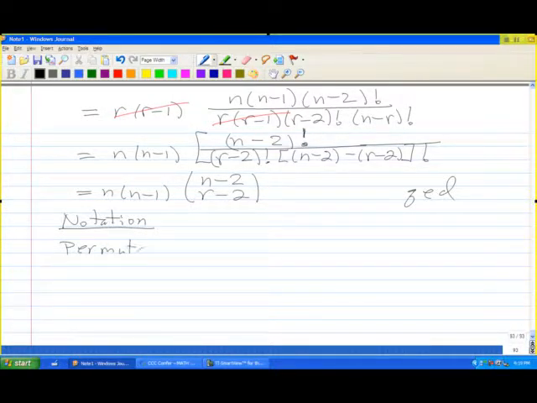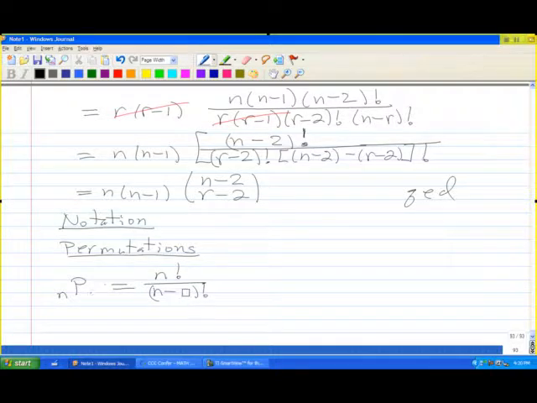The number of permutations, P, let's say nPr is just n factorial over n minus r factorial.